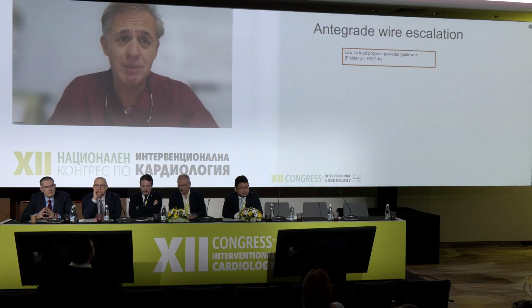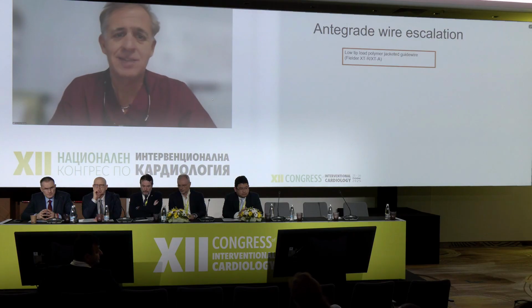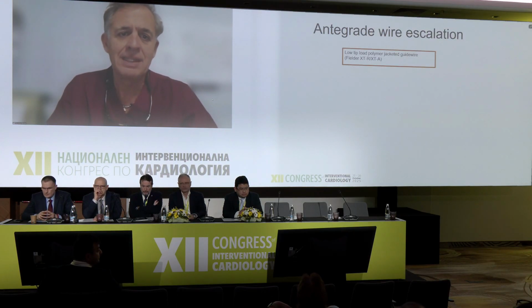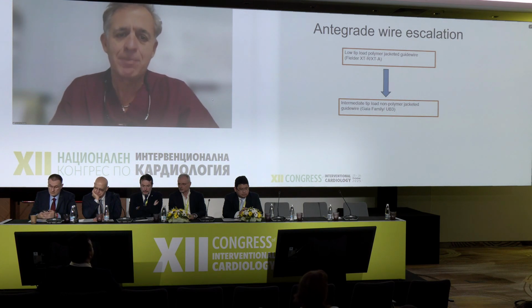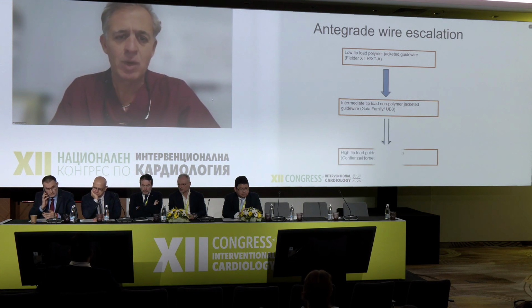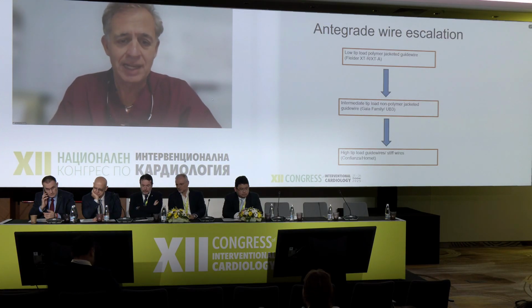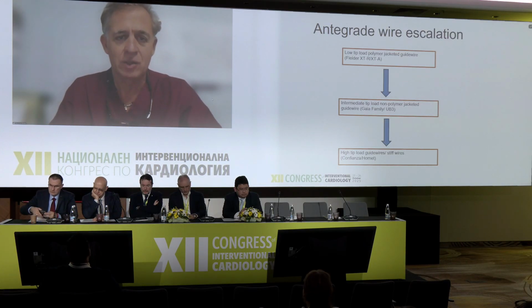We need to talk about antegrade wire escalation. So what is antegrade wire escalation? Normally it starts with a low tip load polymer jacket wire like XTR or XTA, then you upgrade your stiffness with the Gaia family, intermediate tip load non-polymer jacket wires, and then you go to a very high tip load guide wire like Confianza, Hornet, or Astato.